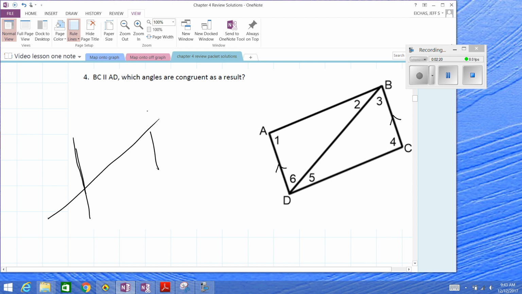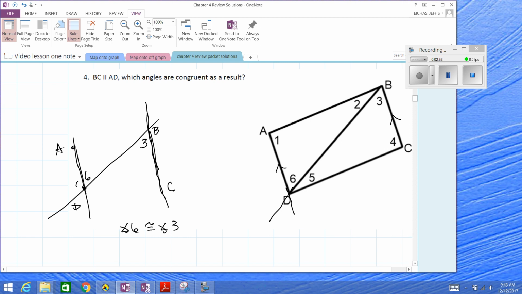If we extend those, this is A to D. Angle 6 is right here. Now that is alternate interior, there's B, with this angle right here, which is angle 3. So angle 6 is congruent to angle 3 from this piece of information.